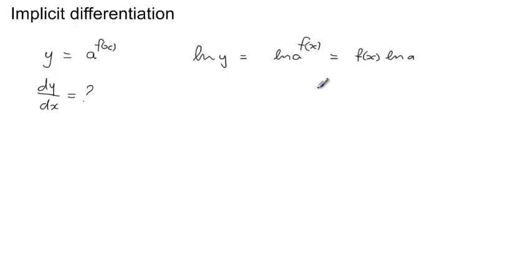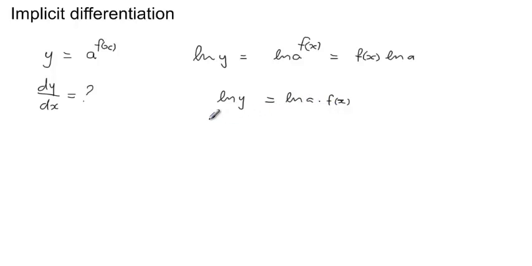Then this is the strategy we applied, knowing the implicit differentiation. So now, having ln of y, knowing the derivative of ln and knowing implicit differentiation, ln of y equals ln of a multiplied by f of x. Please note that ln of a here is a constant. It could be 2, could be 3, a number, is that right?